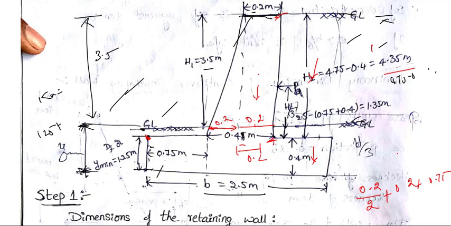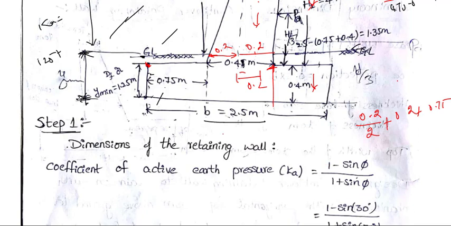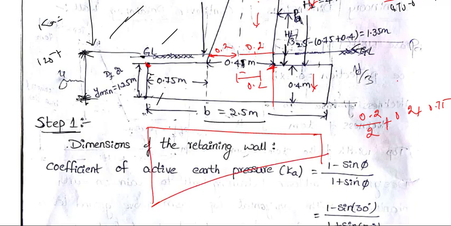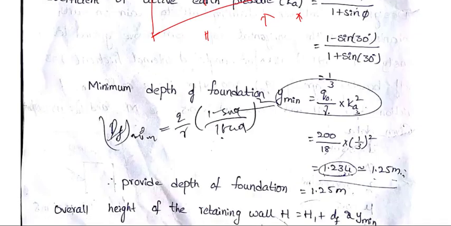We are designing up to here only. And one more thing, the remaining are acting upwards. Here you can see this is soil pressure, which will act upward, not downward. We need to compensate this: upward minus downward.